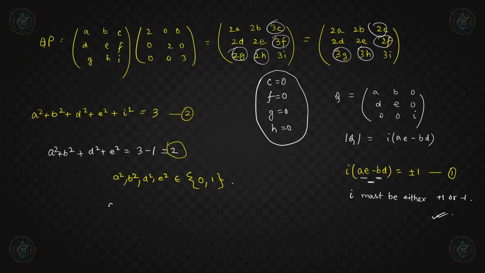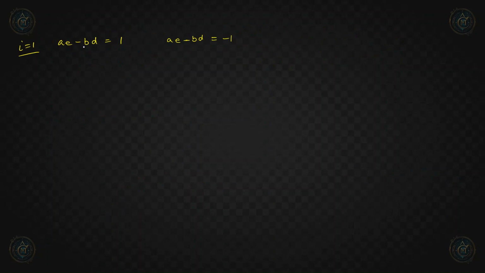We can say the elements a, b, d and e must belong to the set minus 1, 0 and 1. So let's take ae as 1 and this as 0, then again take this 0 and this as minus 1. These are two possible cases, and here also 0 and 1 and minus 1 and 0.